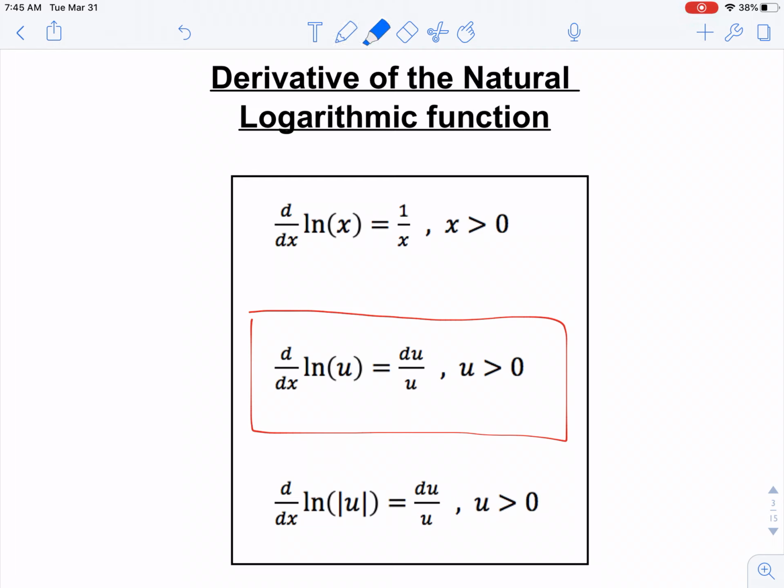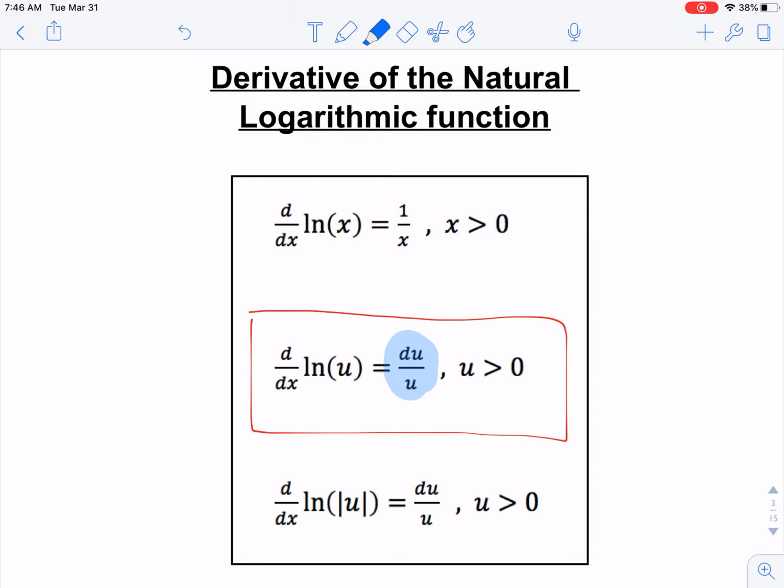The derivative of natural log of some expression u. And this u, don't confuse this u with the u's we did in the previous lesson. They're totally unrelated. They just choose the letter u kind of randomly here. So the derivative of a natural log of some function u is equal to du divided by u.